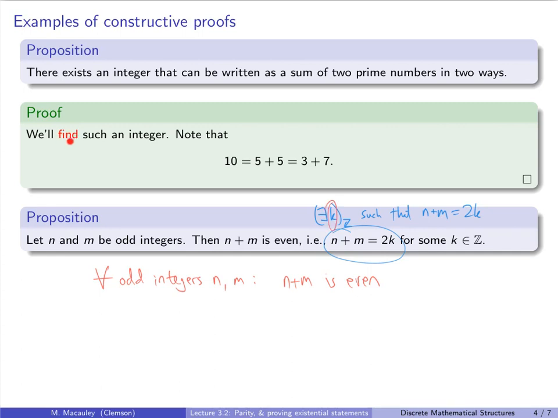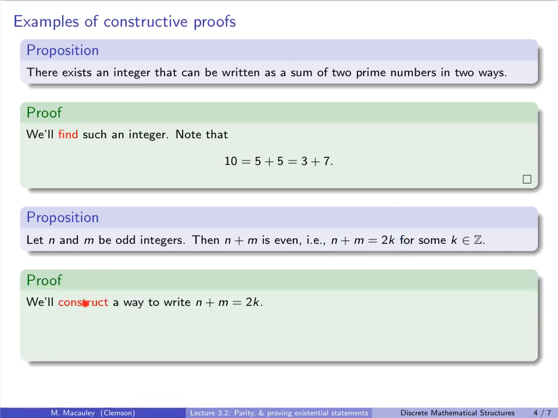So up here we found such an example. Now I'm going to give you an explicit formula for such a k. Again, constructing a way to write n plus m as 2k is different than finding an example that works for all cases.